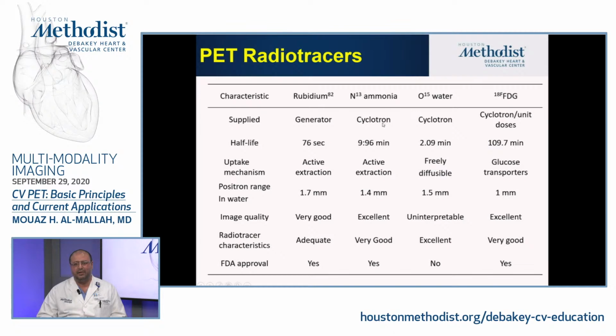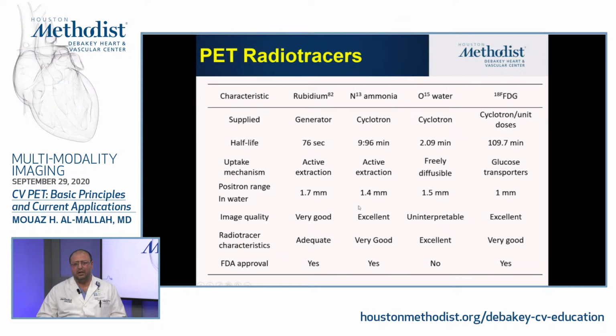You can have it if you do it close by, if you have a cyclotron. And then O15 water has a half-life of 2 minutes, so you need to have a cyclotron nearby. Now for FDG, the half-life is about 2 hours, so you can transport it within the city and sometimes even longer distances by planes or others.